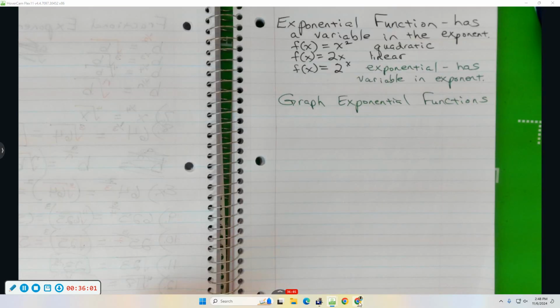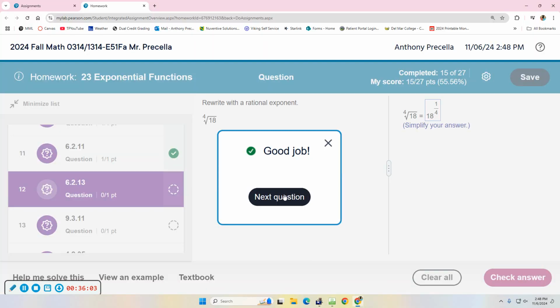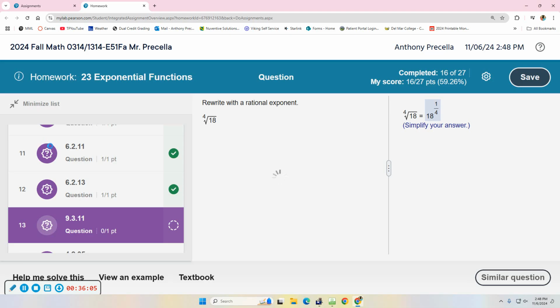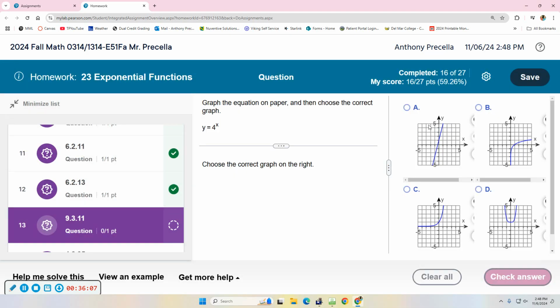We're graphing exponential functions. Let's go to number 13. Oh, we don't have an exponential graphing tool in this course, so it's going to be the multiple choice problems.